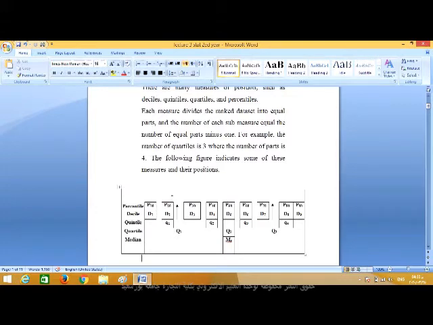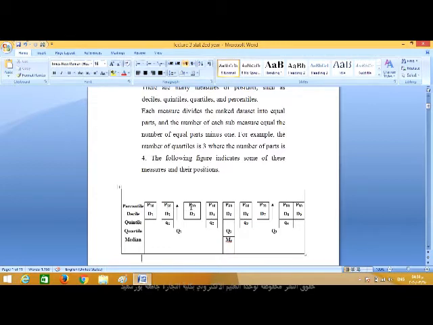Here you see that P10 equals D1 and P20 equals D2 and also equals small q1. Okay? And the first quartile's position is between P20 and P30.